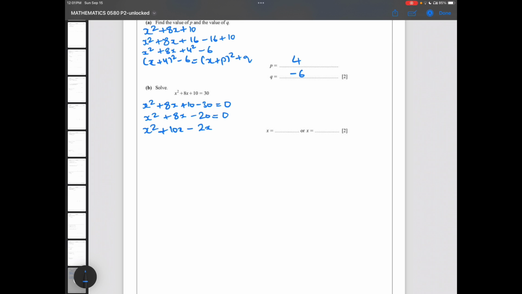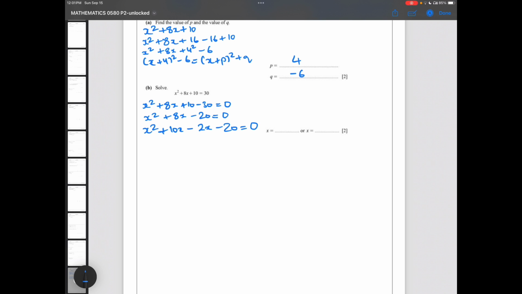Why 20? Because the coefficient of x squared is 1 and the constant term is 20, so 1 multiplied by 20 is equal to 20. So we need to break the middle term into two terms such that their product is 20, and when we add or subtract them we get plus 8x.